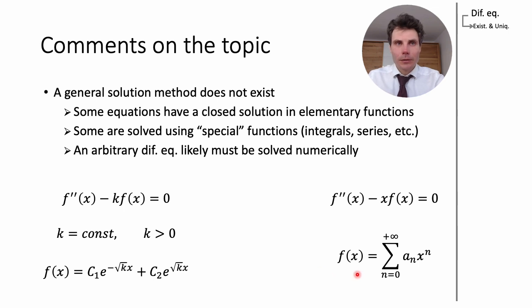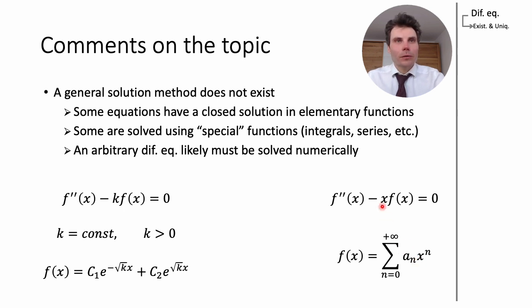A series, I remind you, is a sum of an infinite number of summands, as shown here. A sum over n, with n ranging from 0 to positive infinity. And in this particular case, the series is a so-called power series. It contains a constant parameter in every summand and a certain power of x. And then one can figure out what these parameters should be.